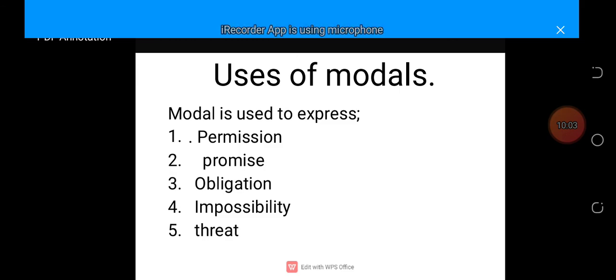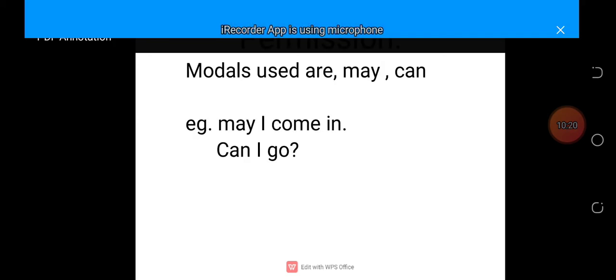We have looked at how to use modals effectively. We have looked at modals used in expressing permission, promise, obligation, impossibility, and threats. We have also looked at some examples where we can use these modals and words suitable for the keywords mentioned earlier.